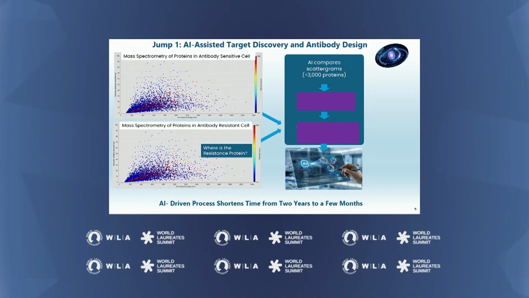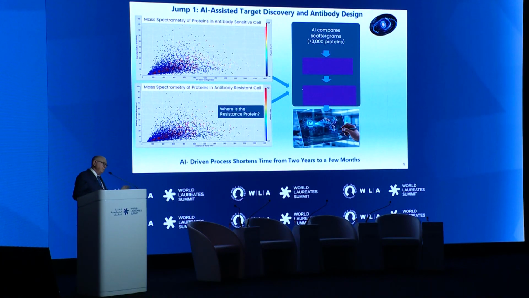In this case, I'm just showing you a display of all the proteins inside a cancer cell. On the top, this is a cancer cell that's not been treated, and on the bottom is another display of more than 3,000 proteins in the resistant cancer cell.